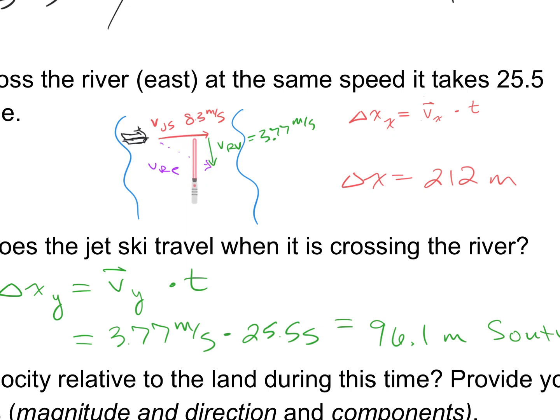So these two vectors are independent because they are in different dimensions, and so we can solve using this rearranged equation of velocity is equal to displacement divided by time. I rearrange it to show that displacement is velocity times time, and you can analyze it with units to show that meters per second times seconds will show the seconds canceling.